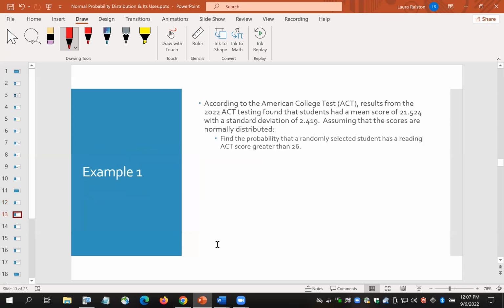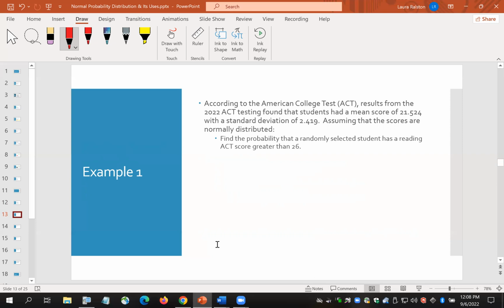Okay, so let's take a look. I've got about 8 minutes. We'll see how far we can get. This says, according to the American College Test, ACT, results from the 2022 ACT testing found that students had a mean score of 21.524, with a standard deviation of 2.419.